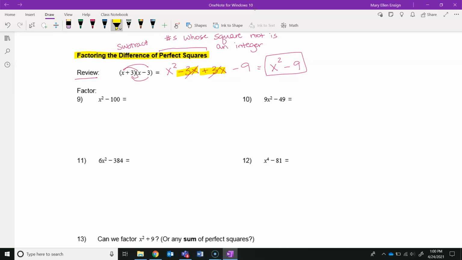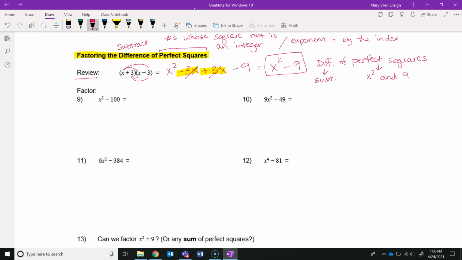This is a situation that is the difference of perfect squares. Okay, it's the difference because it's being subtracted. Two things are being subtracted, x squared minus 9. And the two things being subtracted are both perfect squares. X squared is a perfect square because x times x is x squared. So we know that if it's a number, this is true. Or remember, if it's not a number, if it's an exponent, then it means that the exponent is divisible by the index.